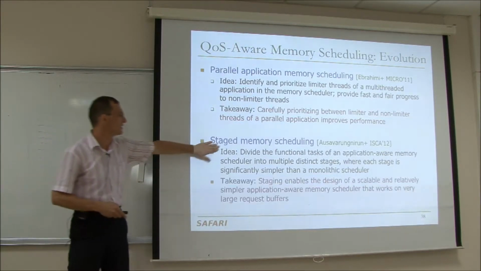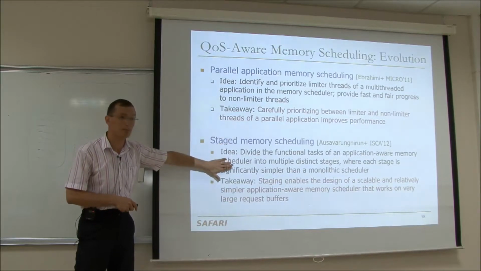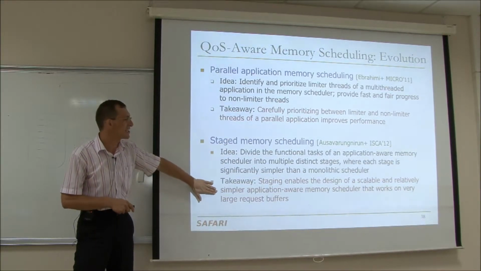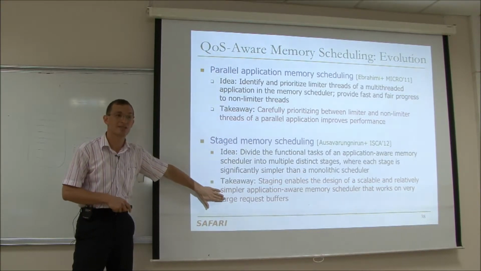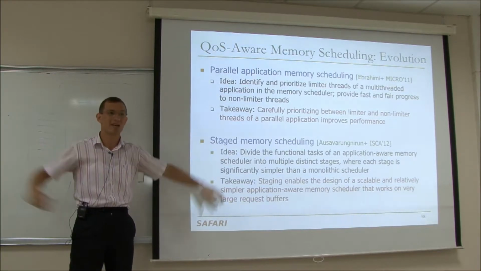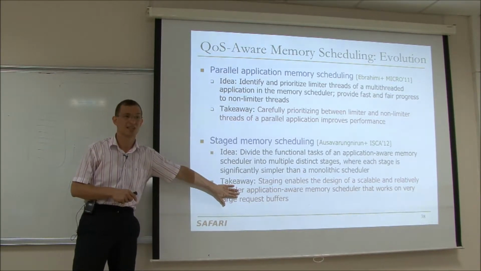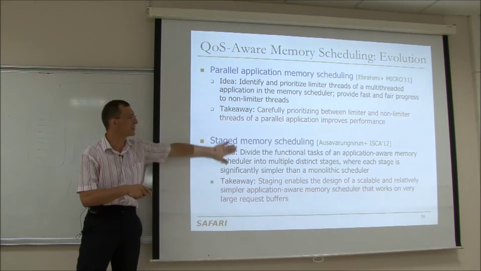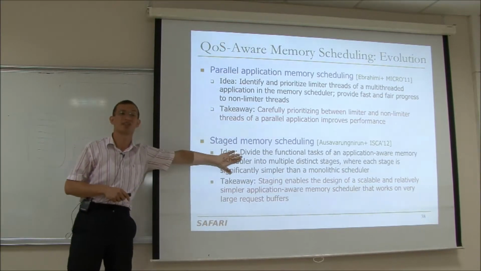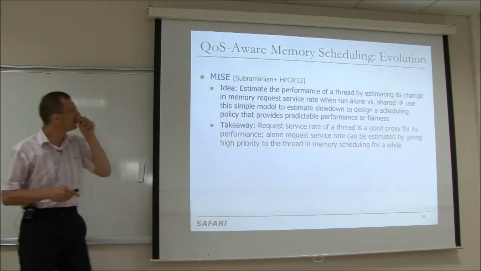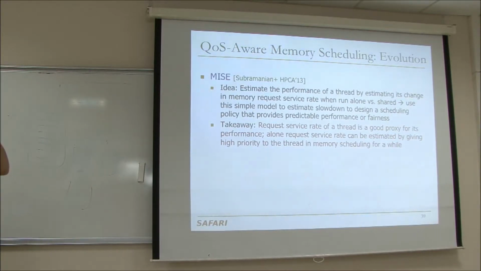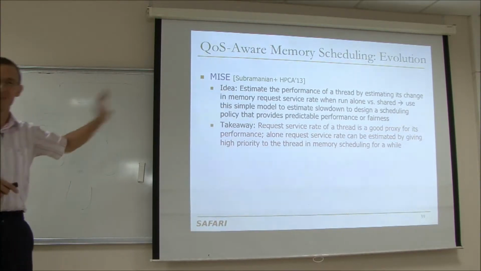That way you can get a much simpler scheduler that is application-aware, and that works on very large request buffers. If you combine them, you get much better performance and fairness compared to previous schedulers, at least for a heterogeneous system. Okay. I guess it's a very long thing, but you don't need to get all of it.